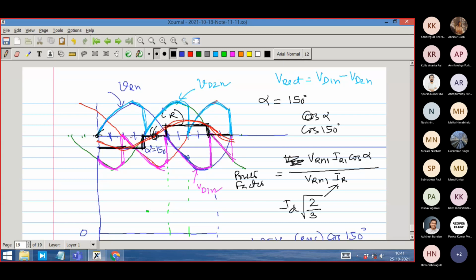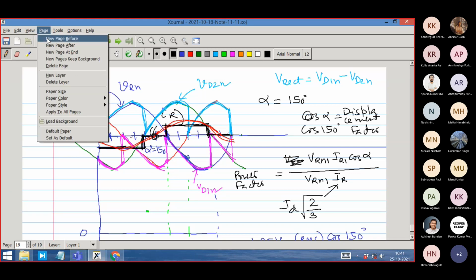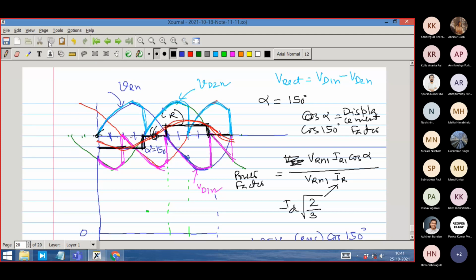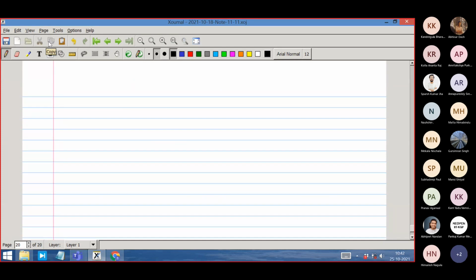So that way you can find power factor, and this is the displacement factor. Cos alpha is displacement factor. Even this thing I can convert into a semi-bridge. So what will be the semi-bridge? It can be an exactly identical idea. So let me do the semi-bridge.